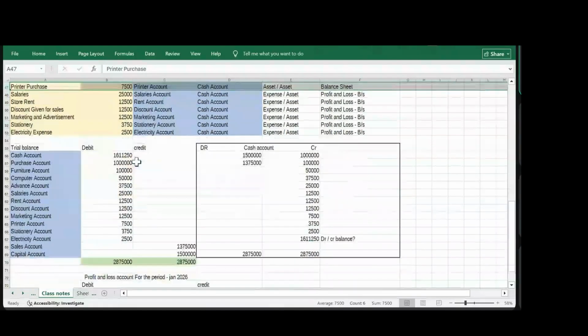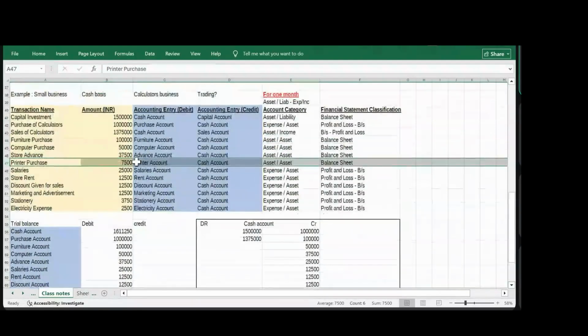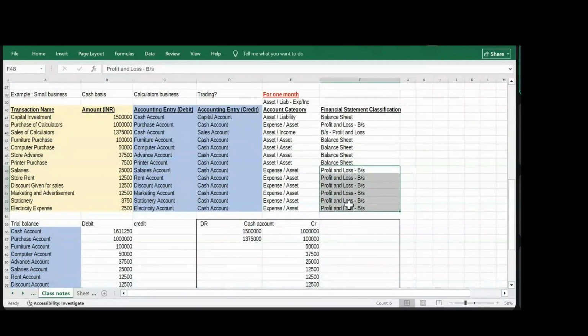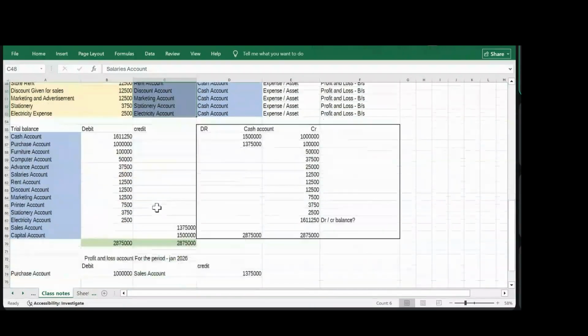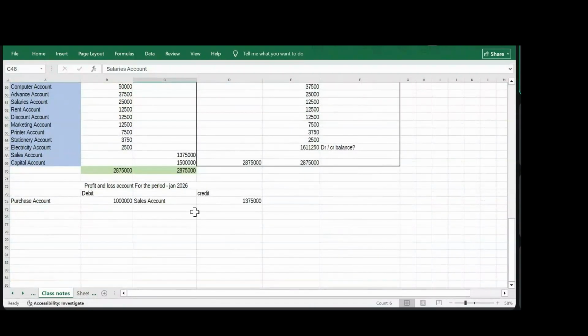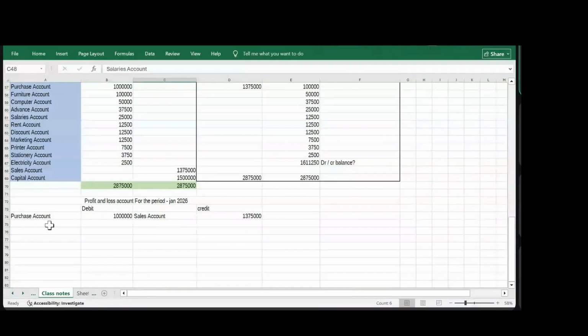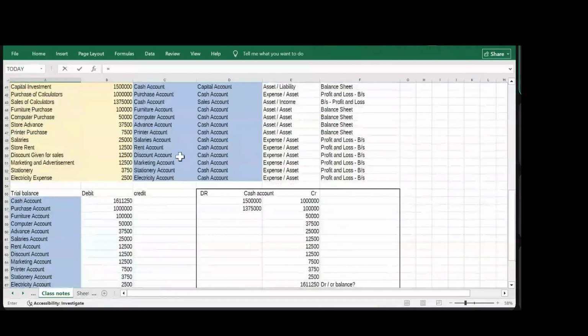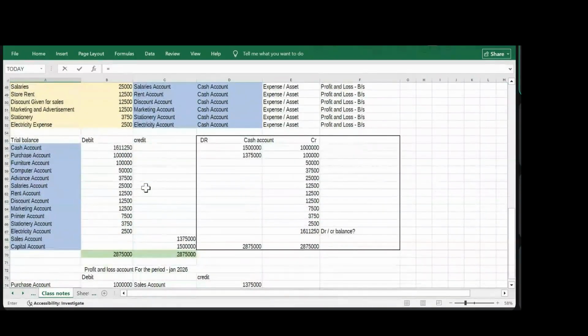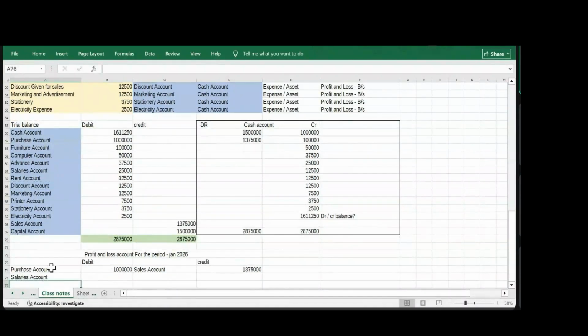Okay. Now all these are P&L accounts. Where are the P&L accounts? All these. Correct? Yes. So I'll pick up the P&L accounts on the debit side. All these are on this side, the debit side. Correct? So I'll pick up this. I was linking it here now. Salaries.